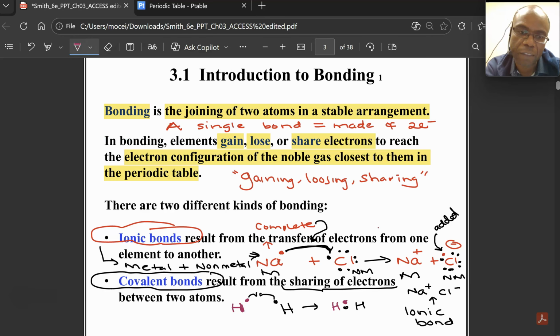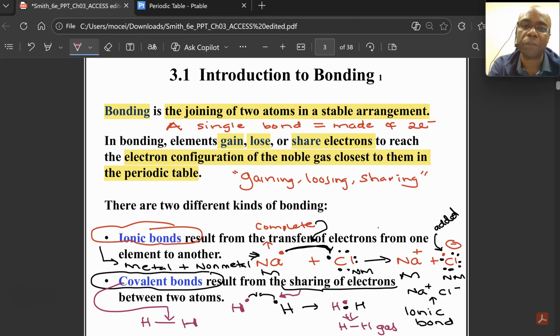I told you that a bond is made of two electrons, so you'll get hydrogen gas. So you see that there was sharing, and if there was sharing, the bond between H and H is called a covalent bond. So that is a quick overview, but we can discuss more on this.